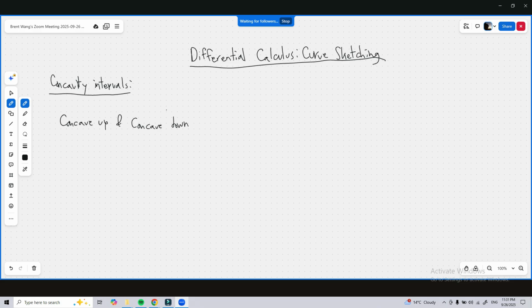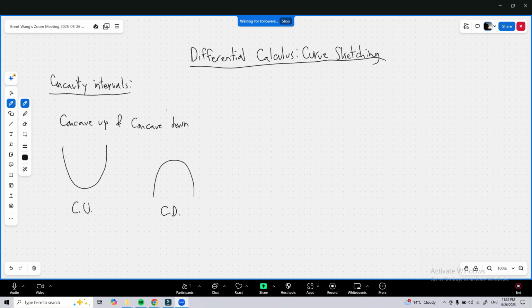Concavity basically describes the shape of the curve at certain intervals. So concave up looks like this. It looks similar to a smiley face. Concave down looks like this, a sad face.